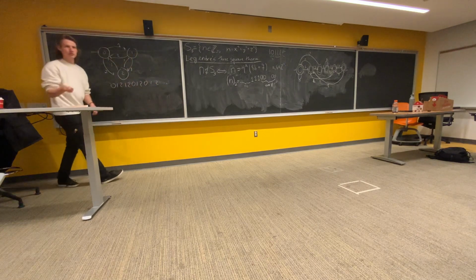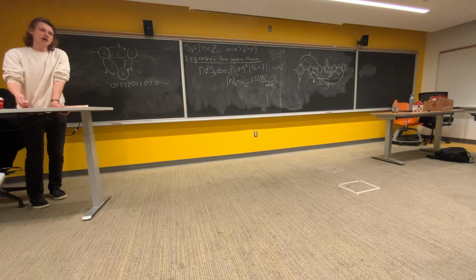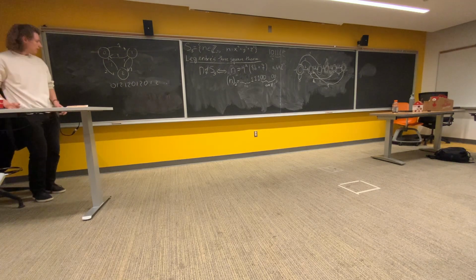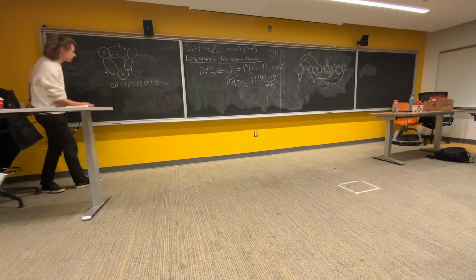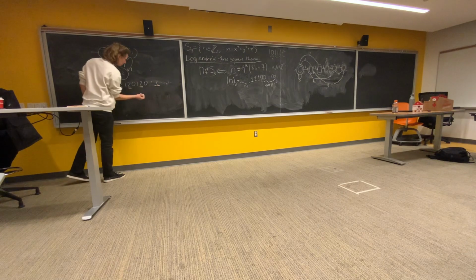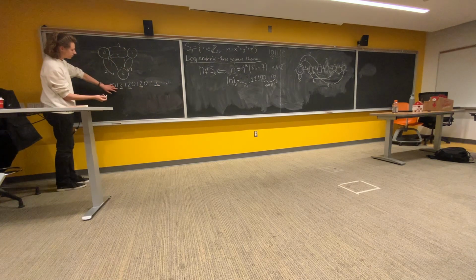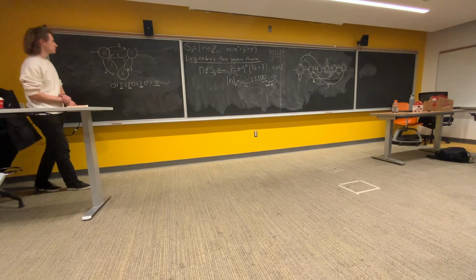But what I can do is say, I want an automaton that will accept a number n if the nth term of this sequence is 2. So maybe I want an automaton that will accept if the nth term of this sequence is 2 or 1. So how would I do that?